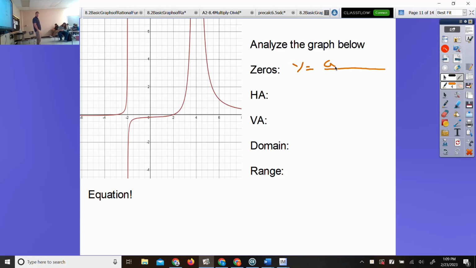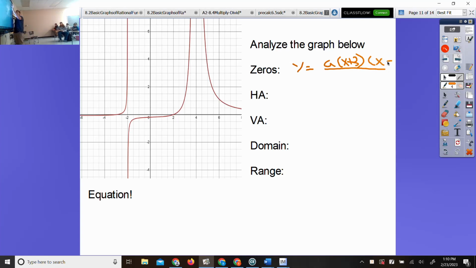I already marked off the zeros, but you have them on your piece of paper. You had a 0 at -3, didn't you? What's the factor that creates that? X plus 3. Was it a crossing or a touching? So what was its multiplicity? 1. You had a 0 at 2. What's the factor that made it?